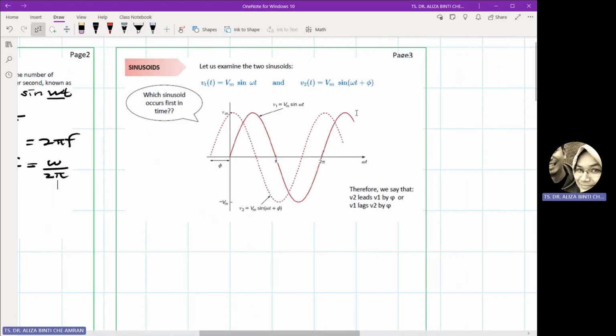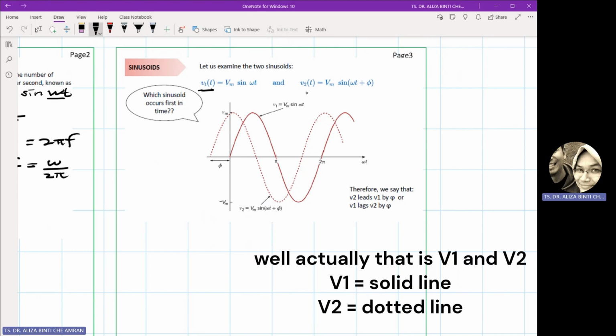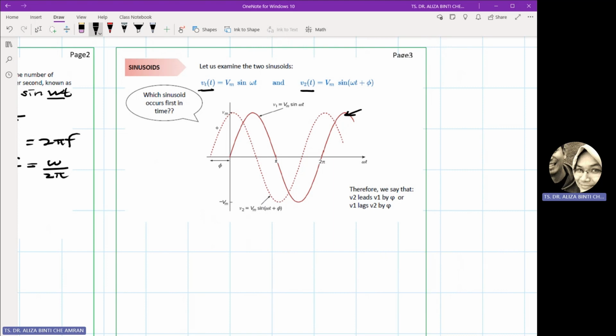In this figure there are two signals, V1 and V2. V1 is the solid line here, and V2 is the dotted line, the waveform with the dotted lines. You need to determine which comes first.